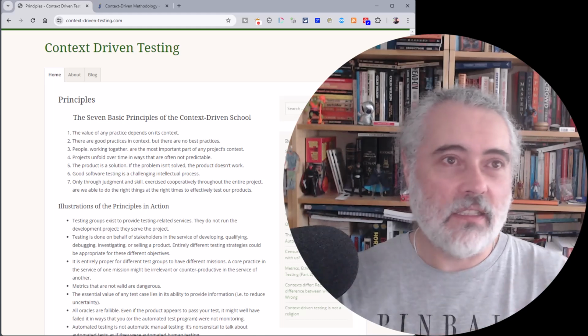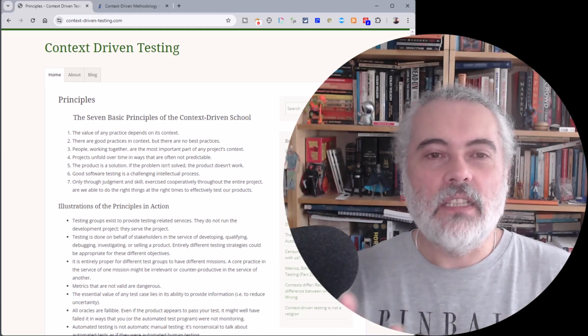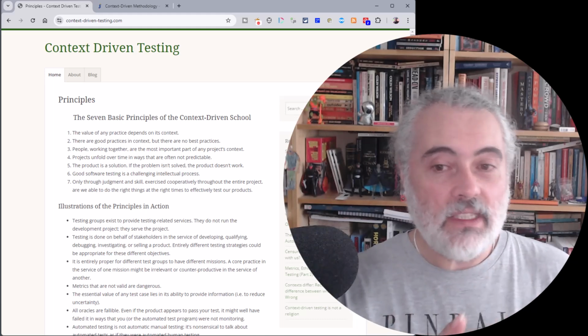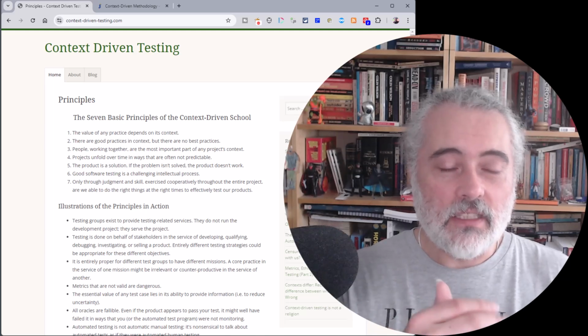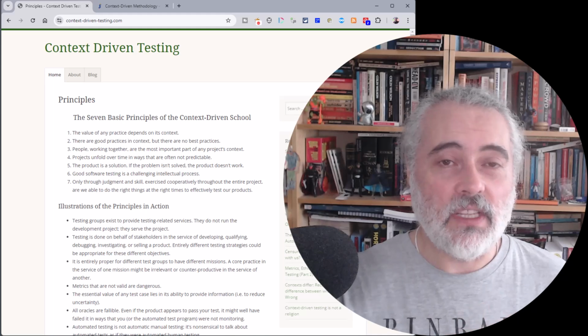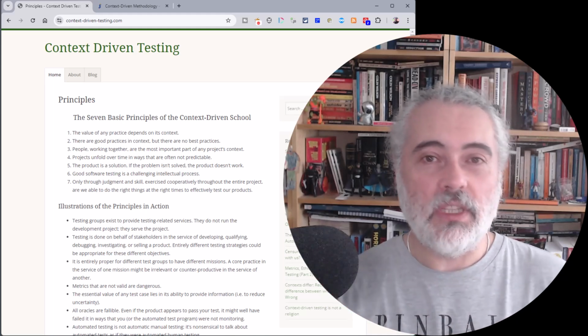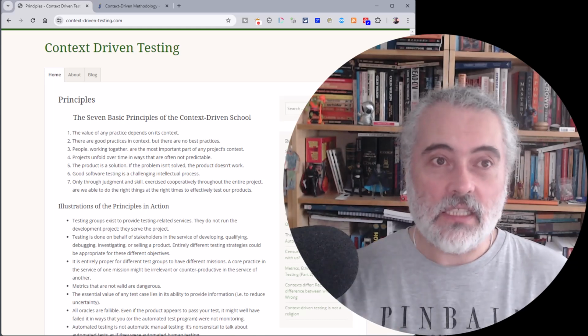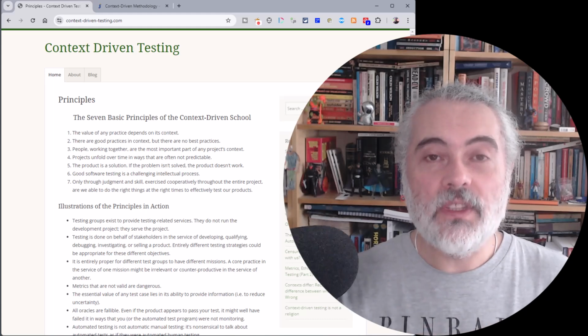There's no best practice, things are in context, whatever. But there's no such thing as agile testing, because there's not really such a thing as agile, because every company interprets agile differently. Every project interprets agile differently. Every team implements agile differently. It's just a word that we apply to something.